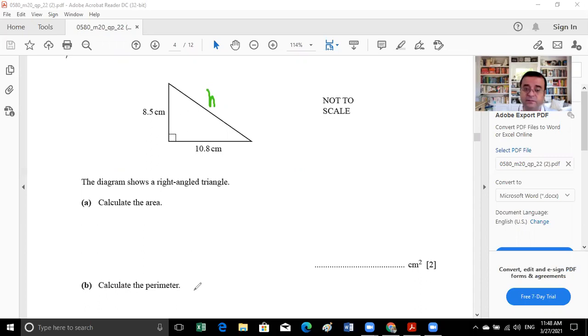And you do h square equals, or h equals the square root of 10.8 square, be careful, plus 8.5 square. And the answer 13.7. So I go here.